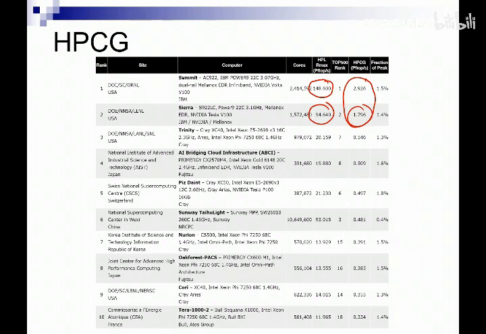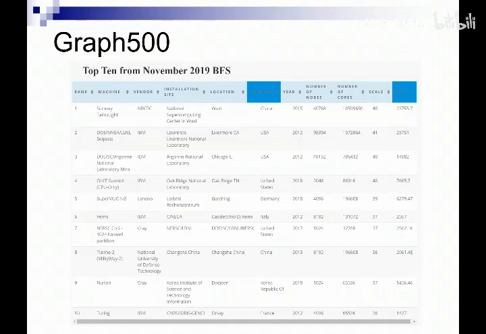You can also see that the third place computer used to be the Taihu computer, but once you move to HPCG, the Taihu computer moves to 6th place because it's quite inefficient for this benchmark. It's only getting about 0.4% of its performance on sparse matrix operations, about half a petaflop as opposed to almost 100 petaflops for dense matrix operations. So this shows that the type of benchmark you look at is very important.